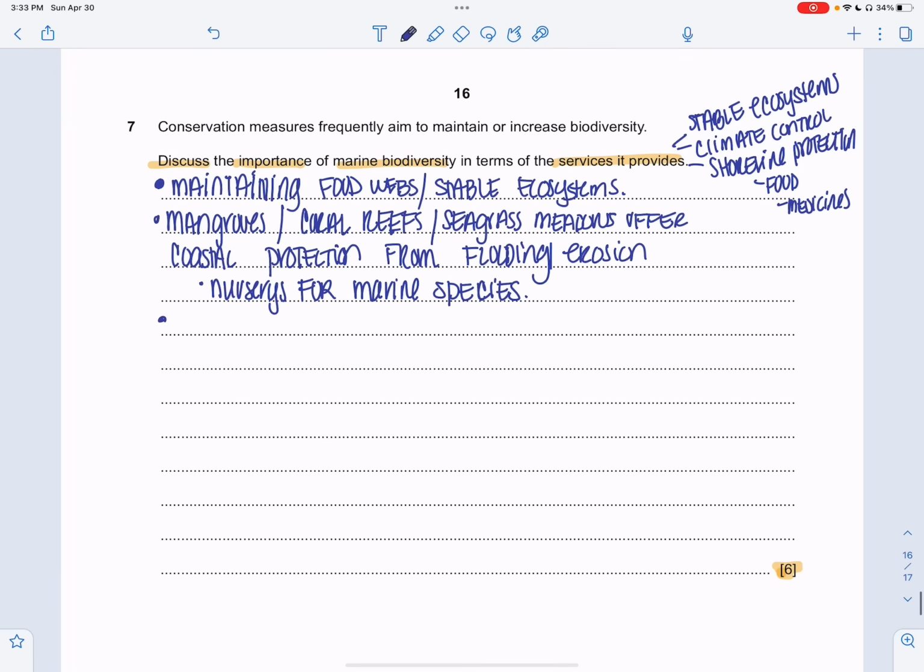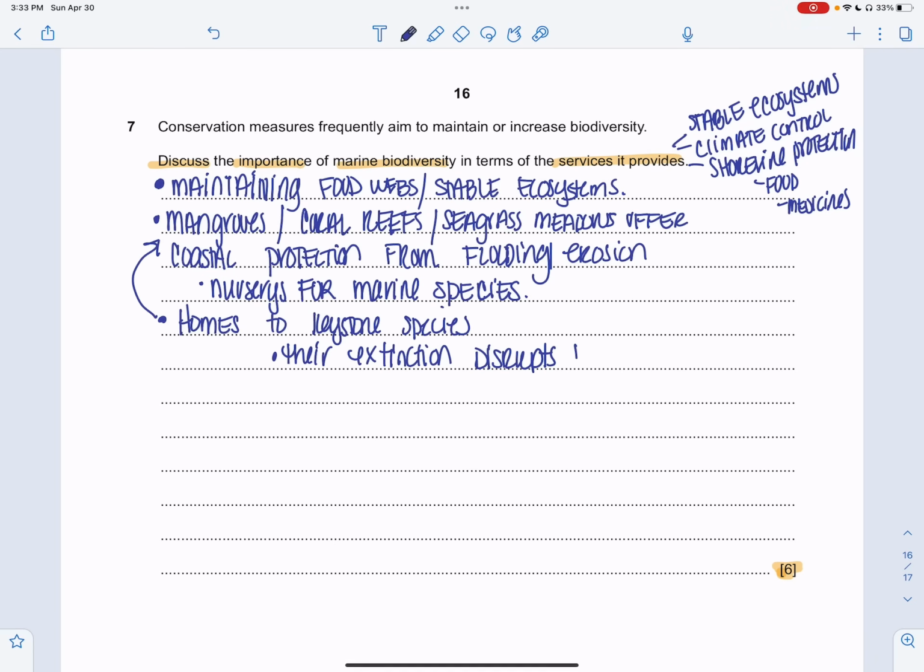All right. These places are homes to keystone species. And again, these areas are homes to keystone species. Keystone species extinction disrupts food webs or stability.